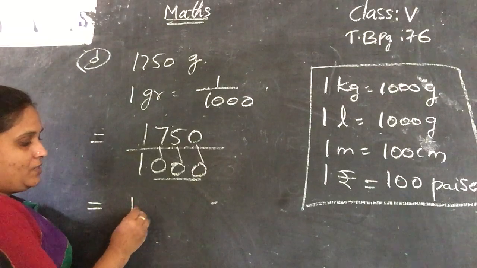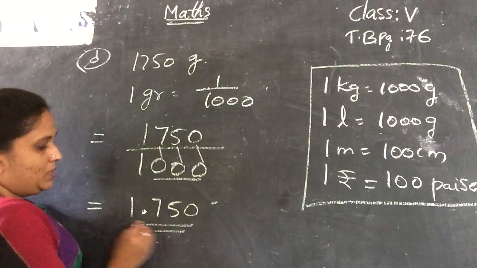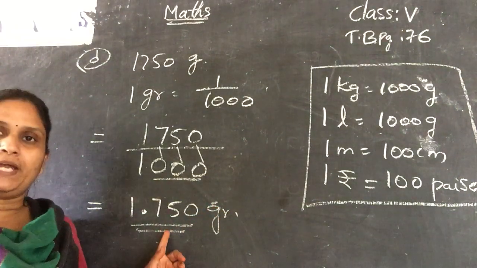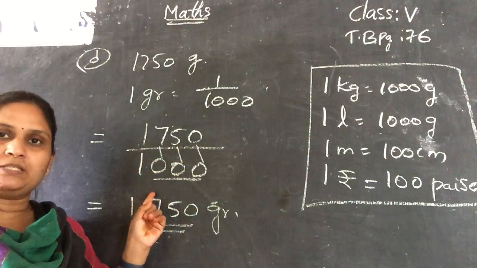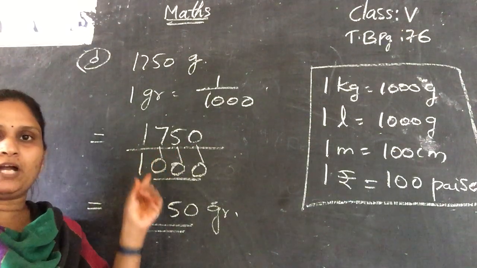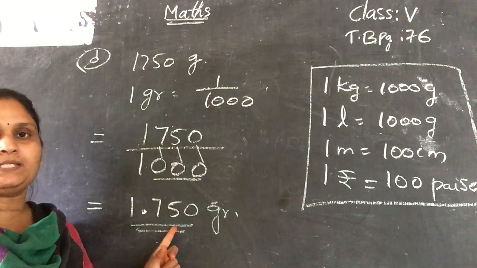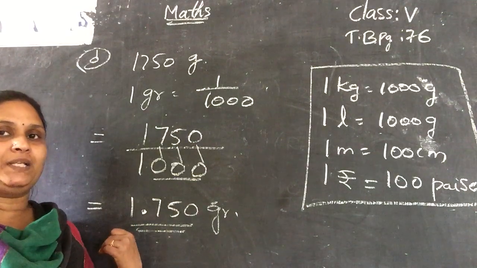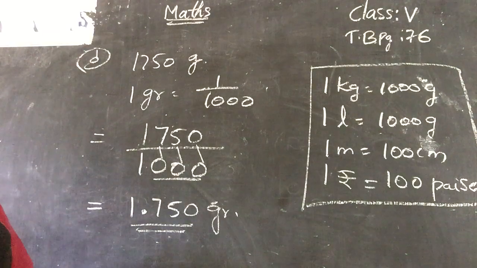So write 1.750. It means 1 kg 750 grams. Simple, children. As it is the thousands place, the last 3 digits we write under the grams place, and whatever number is beyond 3 digits comes under the kgs place.